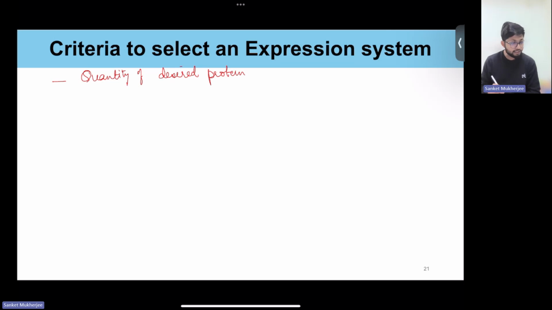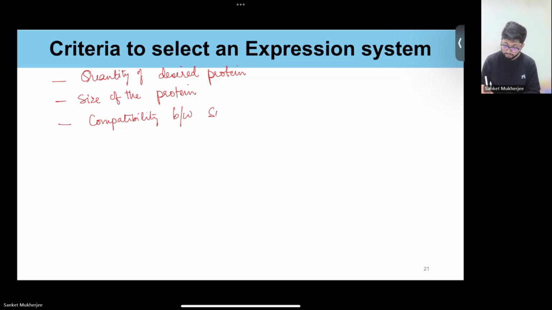Quantity of desired protein, the size of the protein, compatibility, and the downstream application.